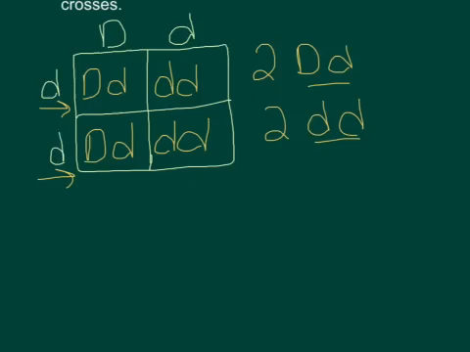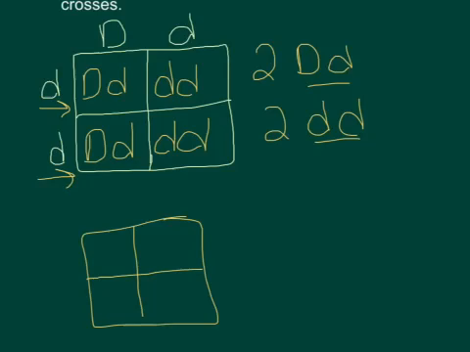If we were to look at another situation, and let's say this time Gilbert, the male dog, is homozygous dominant. So he has both dominant alleles. And we breed Gilbert with the homozygous recessive female.